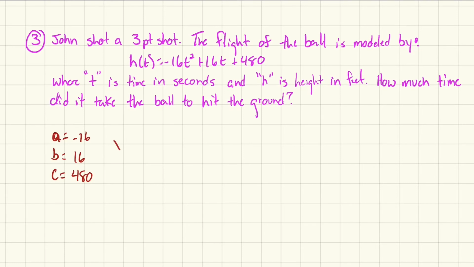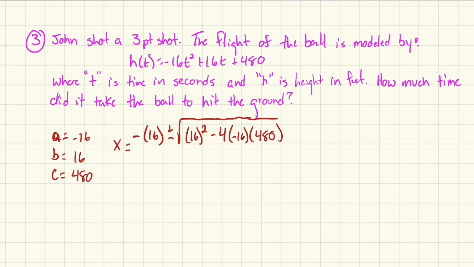So, x is equal to negative b, which is positive 16, plus or minus the square root of 16 squared minus 4 times A, which is negative 16, times C, which is 480. That's the scary piece. And that is all over 2 times A, and we know that A is negative 16.